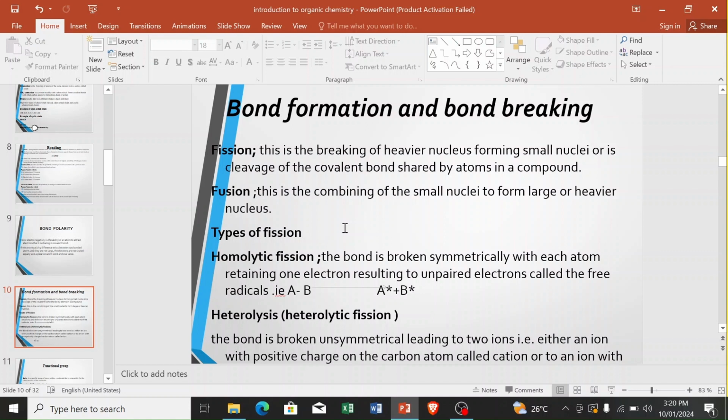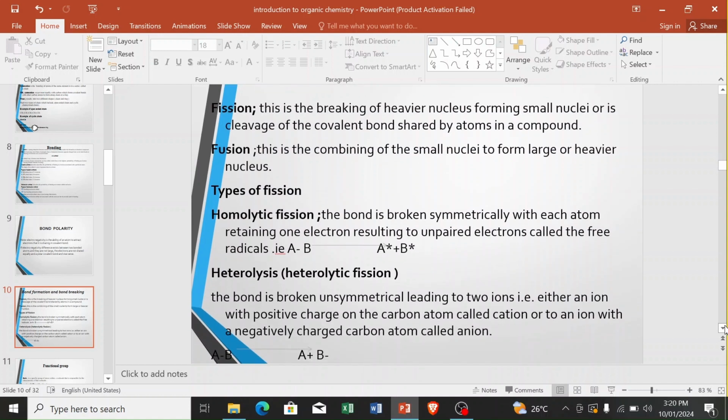In heterolytic fission, the bond is broken asymmetrically, leading to two ions. That is to say, either an ion with a positive charge on the carbon atom called a cation, or an ion with a negative charge called an anion.